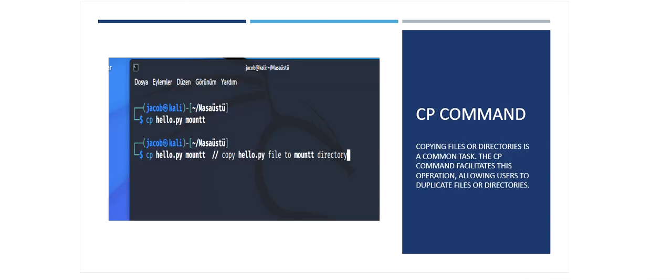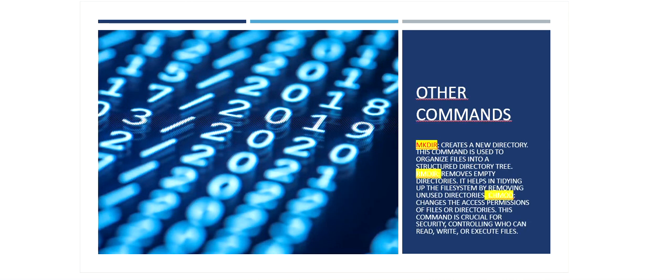The cp command lets you copy your files or directories. It is a common and important command, allowing users to duplicate files or directories. And here are some other important commands. mkdir creates a new directory.